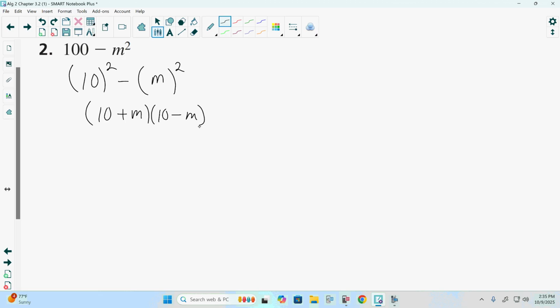With the 10 plus m, we could flip it to m plus 10 because they're both positive. That's fine. But if you flip the 10 minus m, it'd become negative m plus 10. So it's better to just leave it in the second spot when we factor it. Questions on this here? Are you ready for the next one?